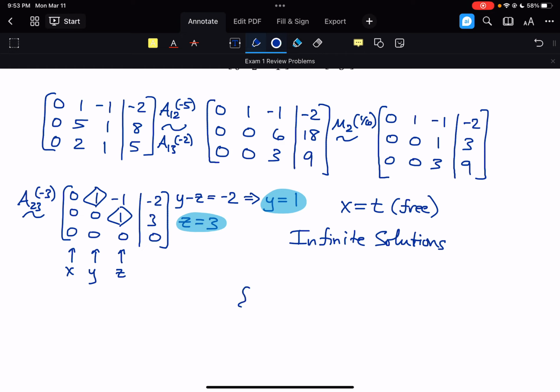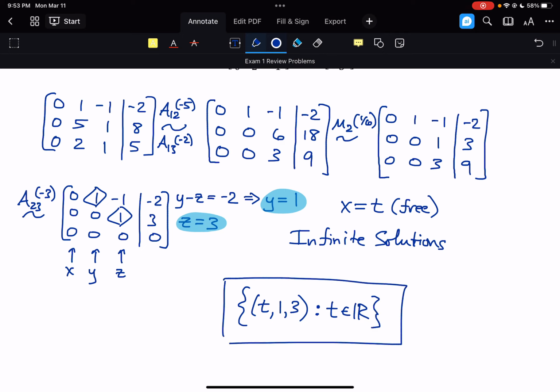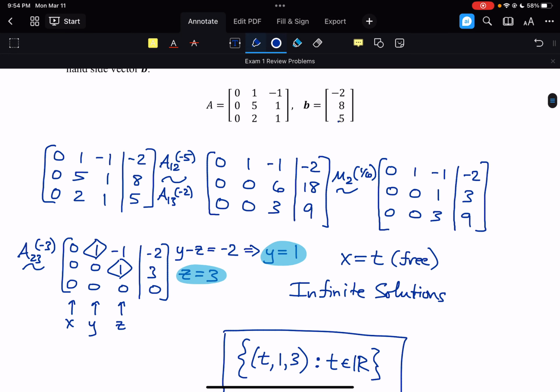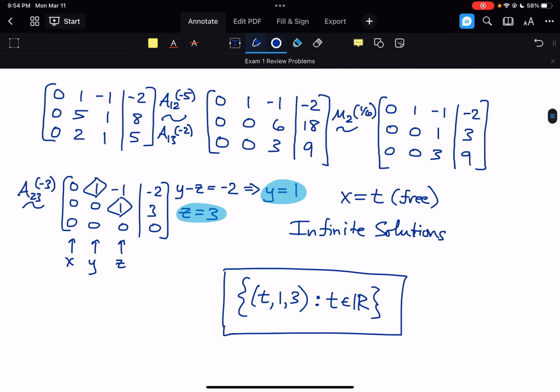So the solution set is going to be all ordered triples (x, y, z) of the form (t, 1, 3) such that t is a real number. And that would be our solution set. So this does form infinitely many solutions because you can take any real number for t. If t is 0, the point (0, 1, 3) would be a solution to this system of equations that we have set up here.